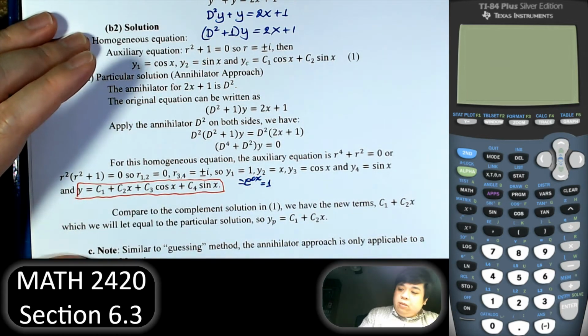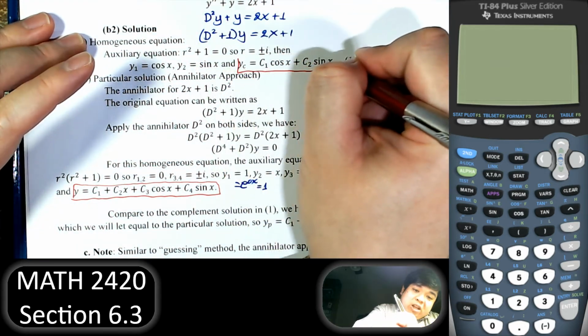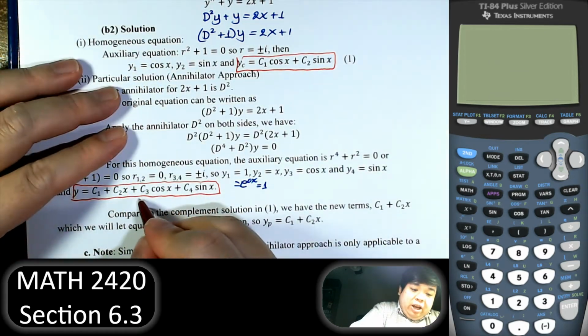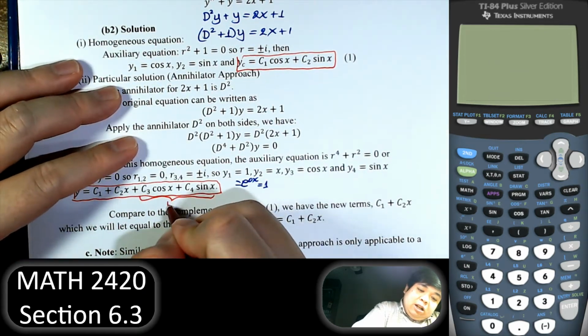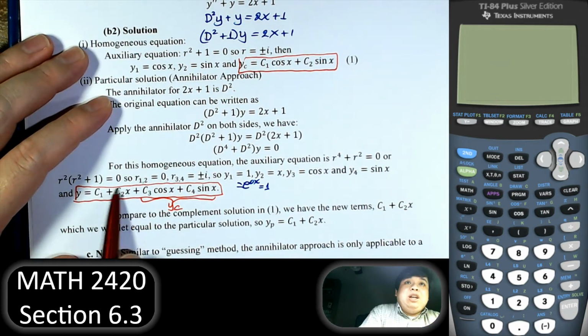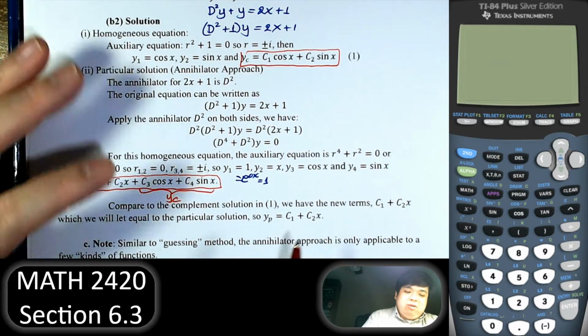Now we compare to the complementary solution, which has the form of sine and cosine, because we have this as the complementary solution. That means the particular solution has to be in this form. That's why we have the particular solution in that form.